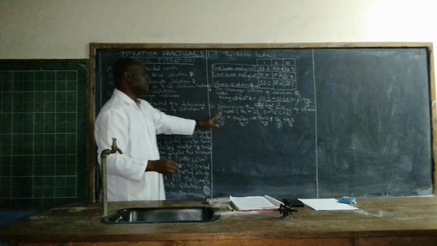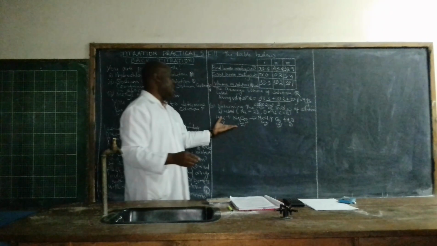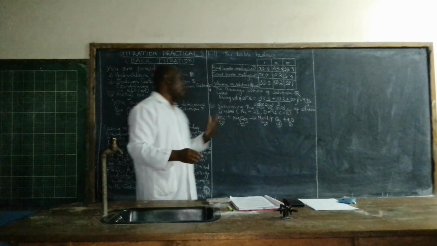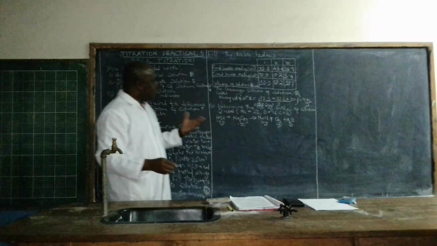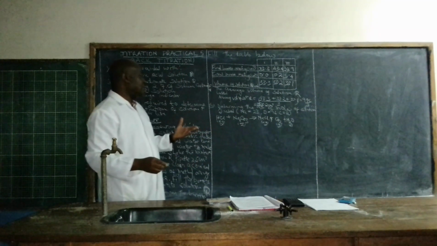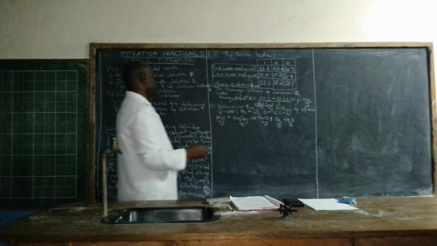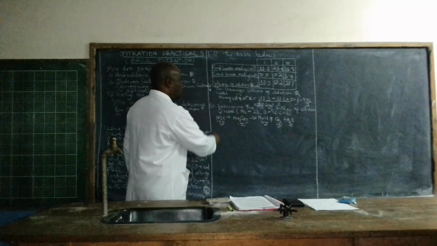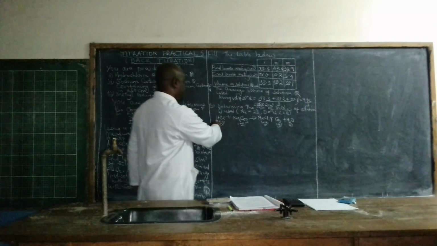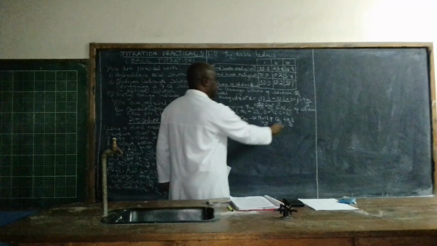We are supposed to ask ourselves, within the reactant side and the product side, is our equation balanced? When we look at our equation, it is not balanced, so we are going to balance it. How many hydrochloric acid do we have here? There is 1, and on this side there are 2.